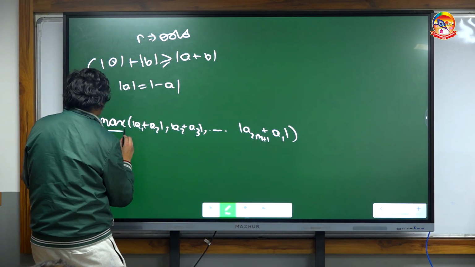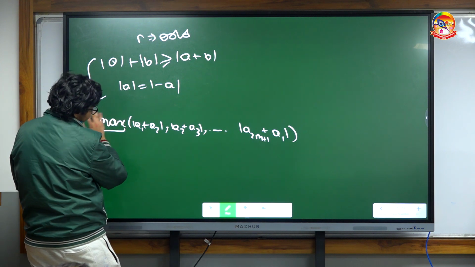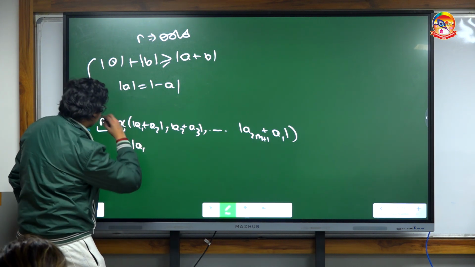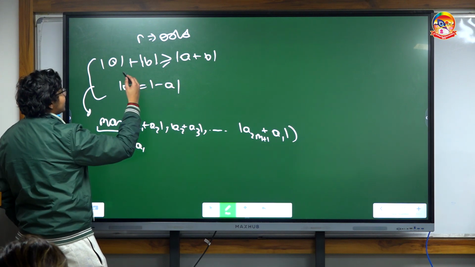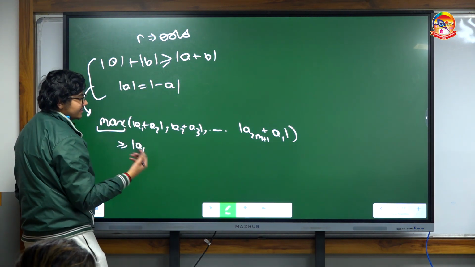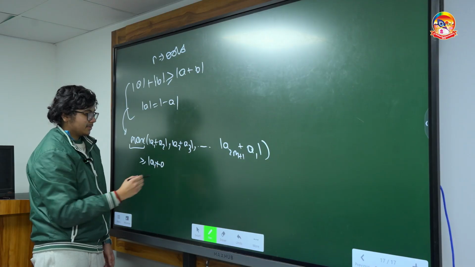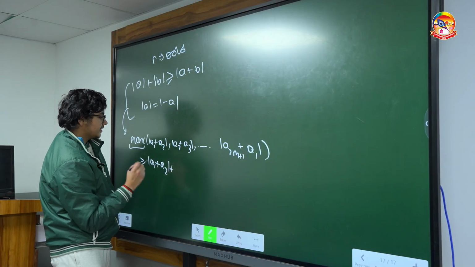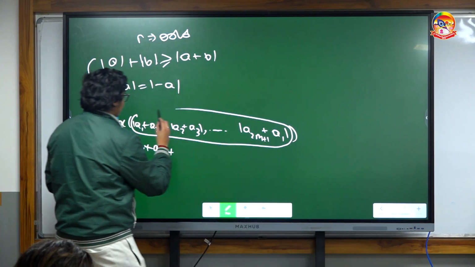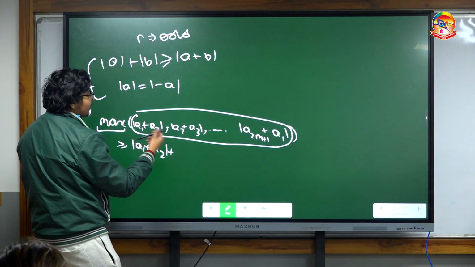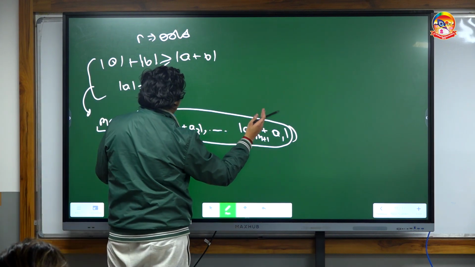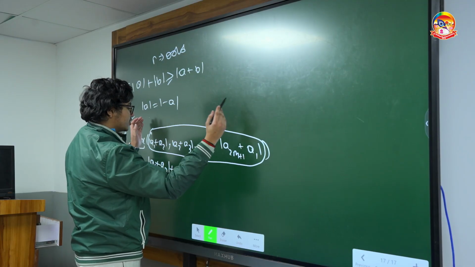First, as it is a maximum, we need to remove this maximum, because it is frustrating us in building the inequality in the basic manner using these properties of the modulus function, which are in our capability. So we say that the maximum of these values is greater than or equal to the arithmetic mean of these values, because the arithmetic mean will eventually lie within the range of these values.